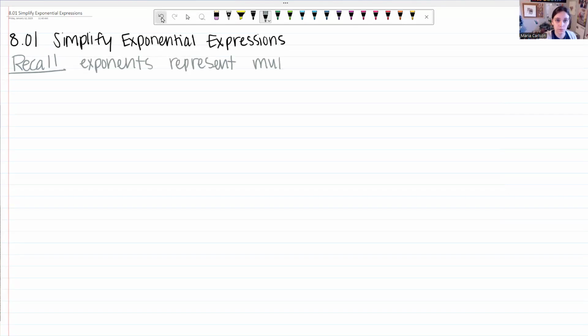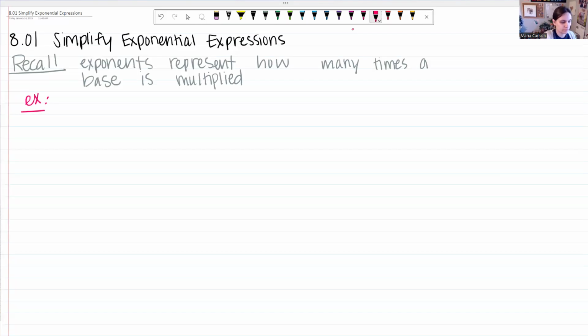Really, I'm going to say how many times a base is multiplied. So for example, x to the third power means I'm going to multiply the base of x 3 times.